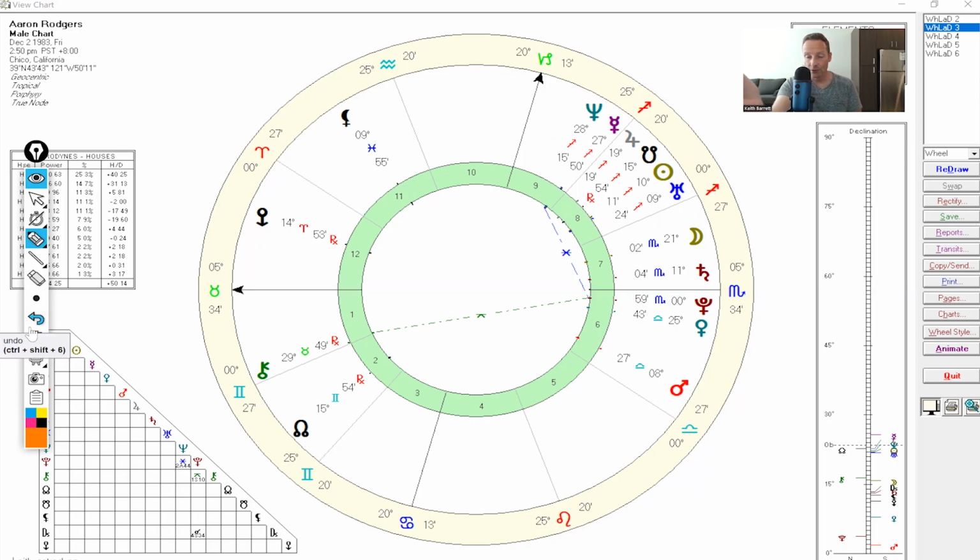Then we go to the nodes of the moon. How is this being experienced on a daily basis? How is it being integrated? Similar to Alanis, the nodes are flipped for him. He's got a south node in Sagittarius and his north node in Gemini. Usually when I see a south node in Sagittarius, I go back to childhood conditioning.